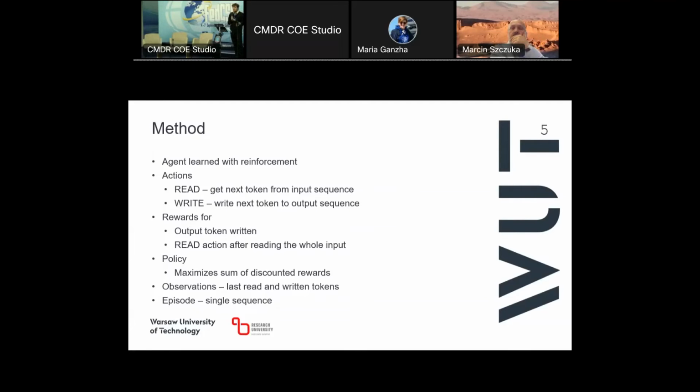So this is a partially observable environment because we do not have access to all tokens that we read before or tokens that we've written before. And the episode of the agent is a translation processing of a single sequence.